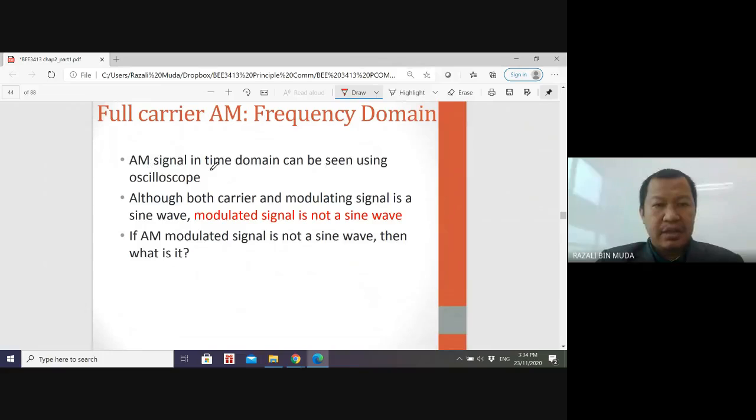The AM signal in time domain can be seen using an oscilloscope. So what is the equipment that we can use to see the frequency domain?